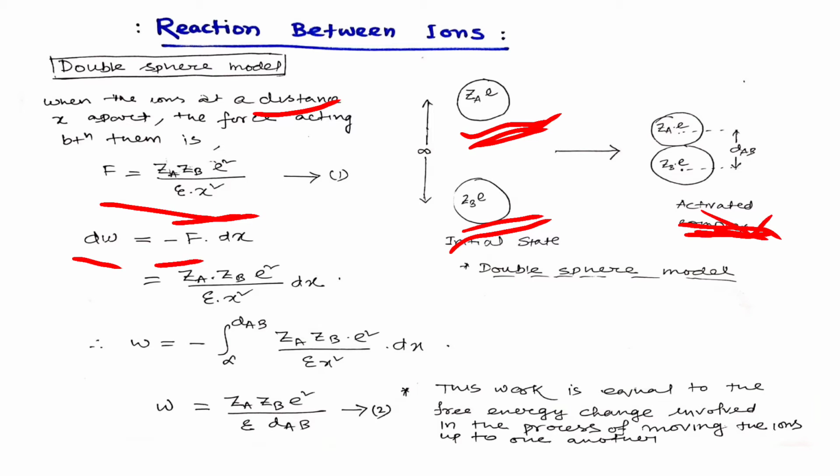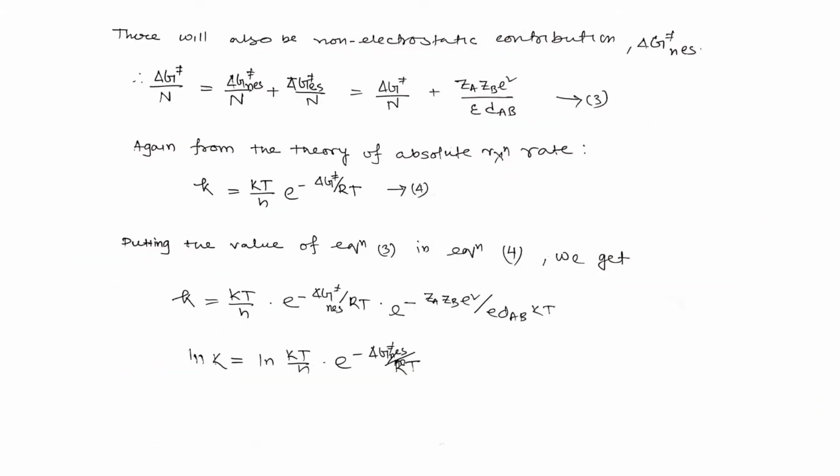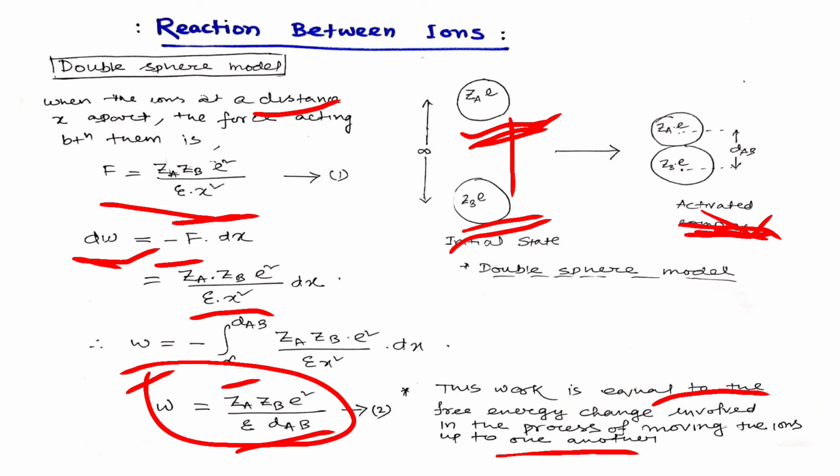Because the distance between them decreases as the ions approach. To get w, we have to integrate this from infinity to d_AB, the sum of the radii, and we get W. This is the work for bringing the two ions together. This work is equal to the free energy change involved in moving the ions up to one another. So this will be the electrostatic contribution, right?